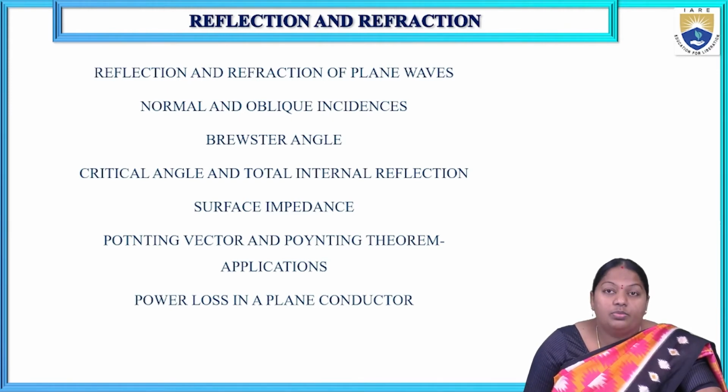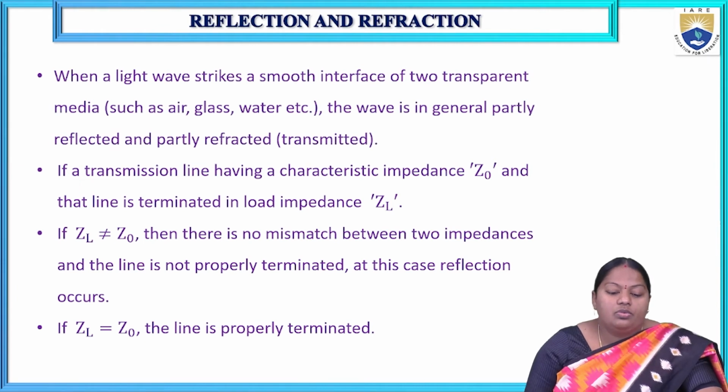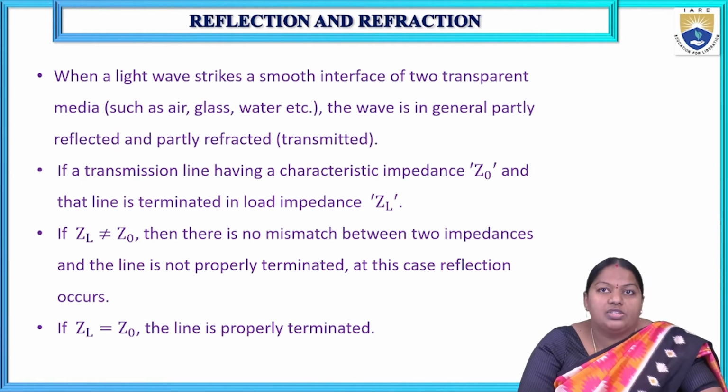Then after that, Brewster angle, critical angle and total internal reflection, surface impedance, Poynting vector and Poynting theorem, some applications based upon the Poynting theorem, and then power loss in a plane conductor.